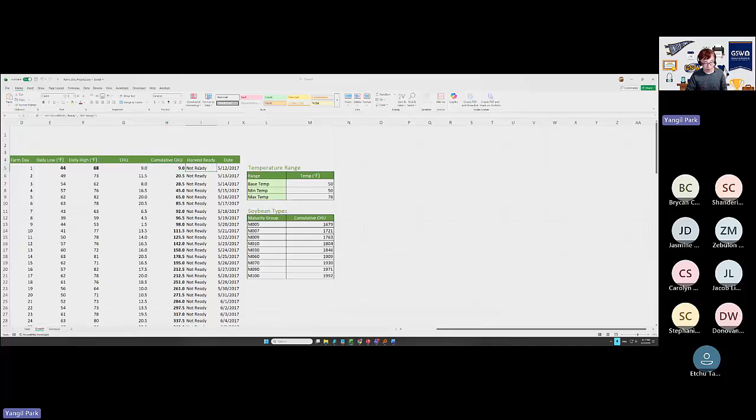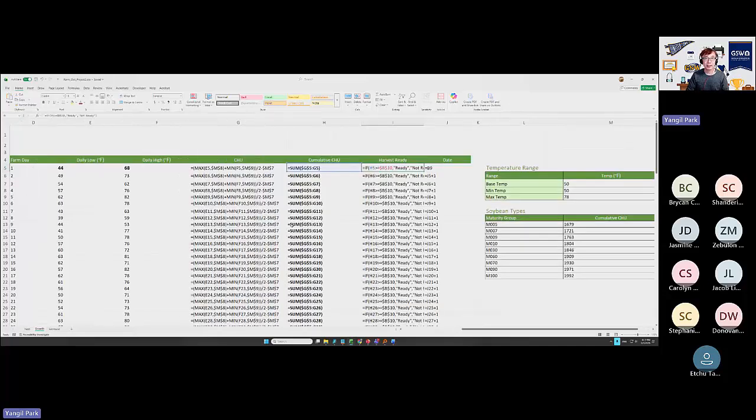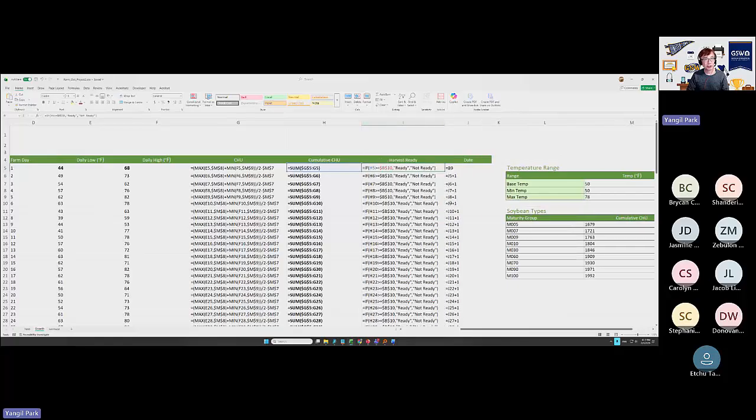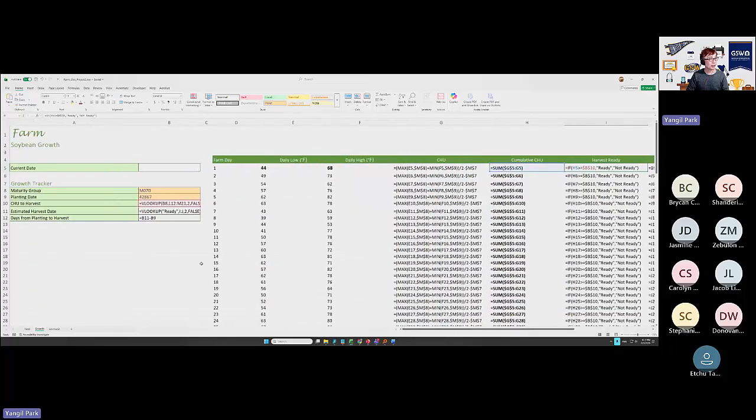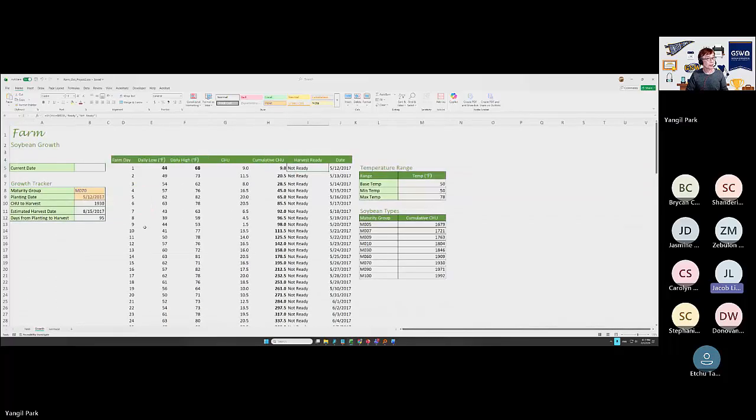So we develop an IF statement to see at which point the harvest is ready. The magic number is located in B10, which is 1,930.